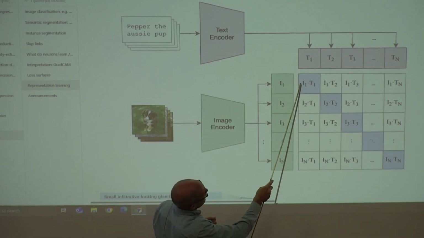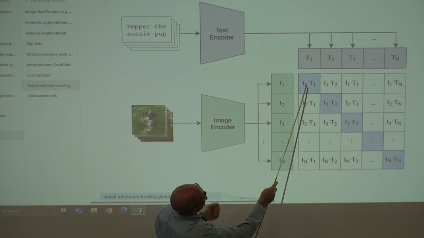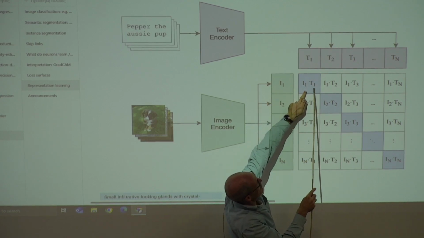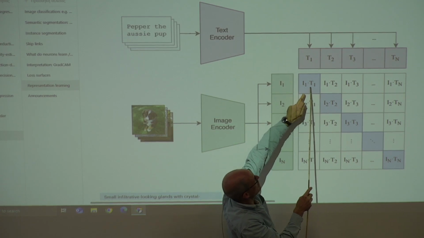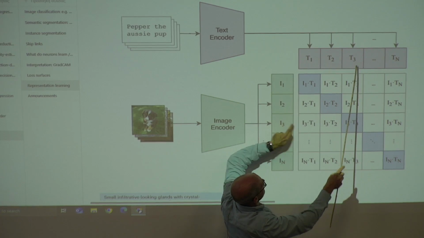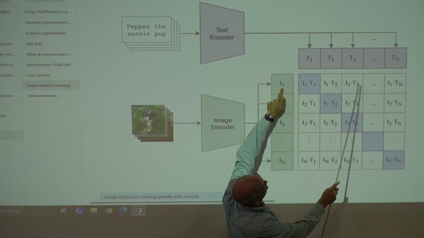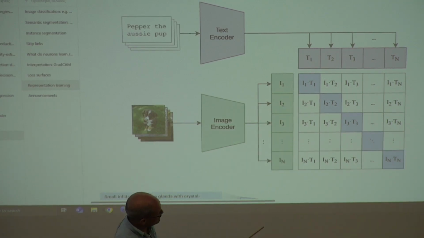And the learning task then is to say that the matching images and texts should have a high similarity. I can measure this, for example, by just the dot product. Matching images and text should get a high similarity, and images with the wrong texts or with other texts should get a low similarity.